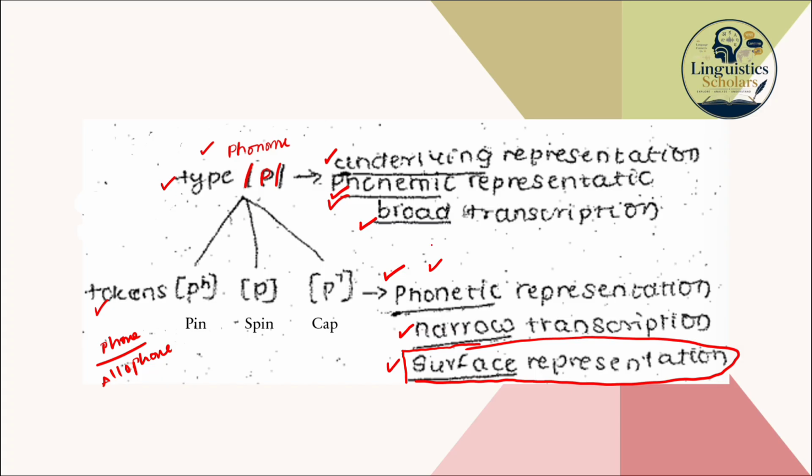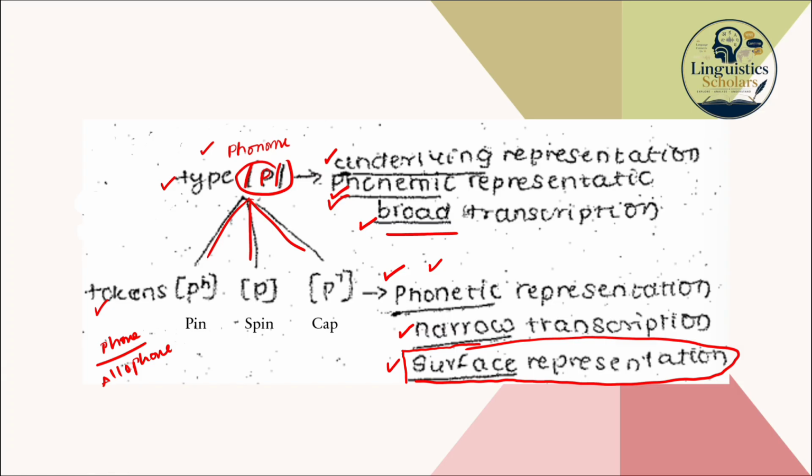The phoneme is also called broad transcription because it accounts for the different allophones, right? So they are called broad because they are broad in nature, and if you transcribe something by using phonemes, that transcription is called broad transcription.